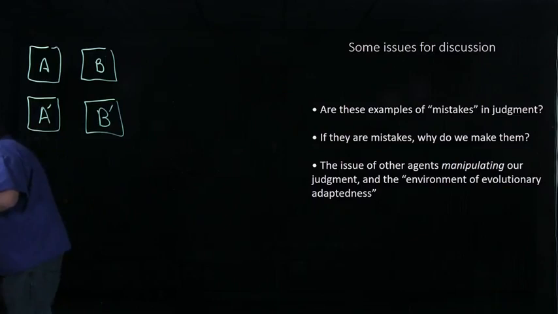And this last example gives rise to yet another question, which is, should we be worried that others, perhaps others whose interests are not aligned with ours, are trying to do things to manipulate our decision-making? The economist in Ariely's example was trying to manipulate the situation so that you would make a particular choice.